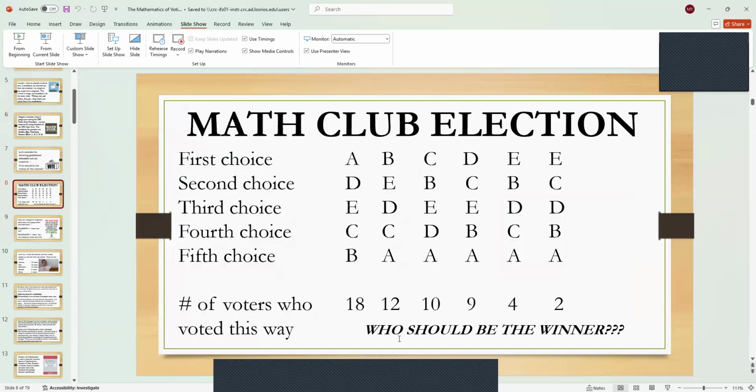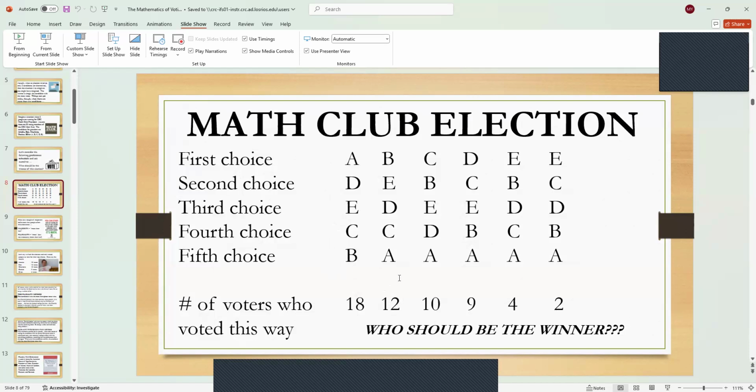So 55 people voted. 18 of them happened to turn in a ballot that looked just like this first column. 18 of them had Amelia first, Declan was their second choice, Elliot was their third choice, then Charlotte, then Ben.